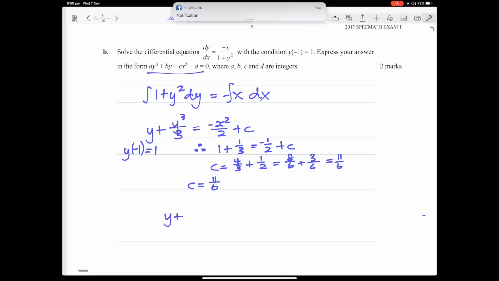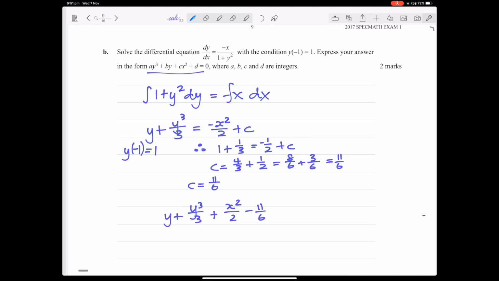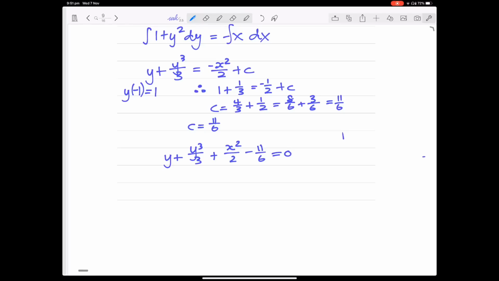We have y plus y cubed on 3 plus x squared on 2, and then if we put that c across the other side, negative 11 on 6 is equal to 0. Okay, so we've got to times it through by 6.